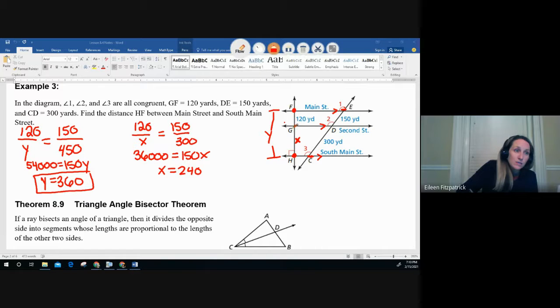So if this piece here is 240 units long and this piece here is 120, then we know the whole thing is 360, which is what we found doing it this way. All right, so you could solve for X first, then just do your addition to figure out the whole length, or you could set up a proportion to solve for Y, and that is your answer. Okay, so options.